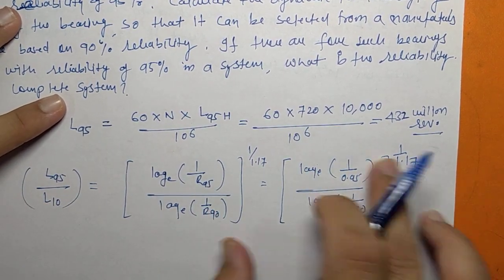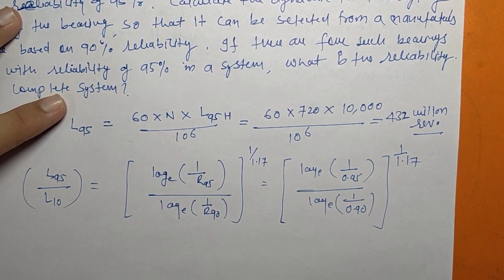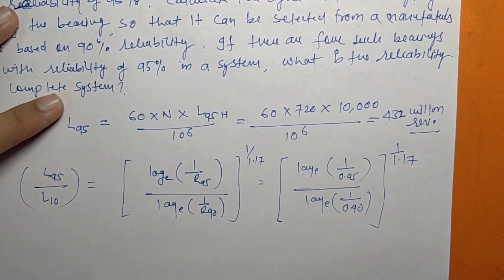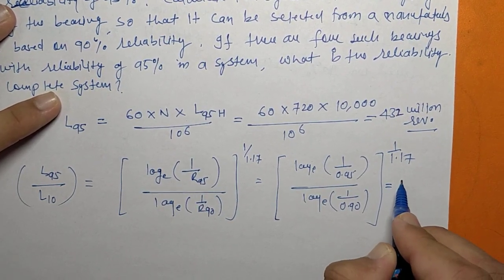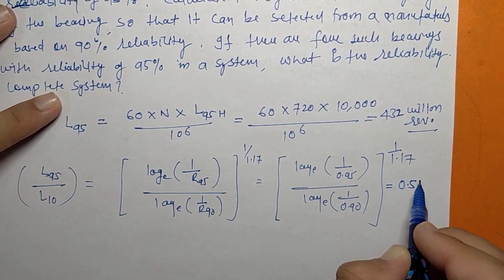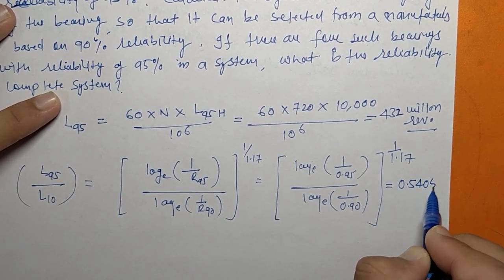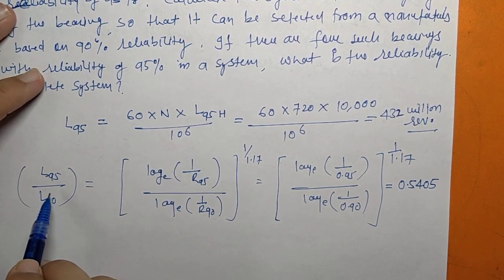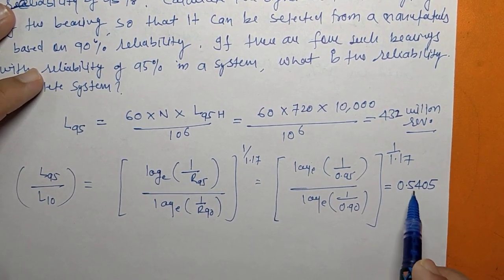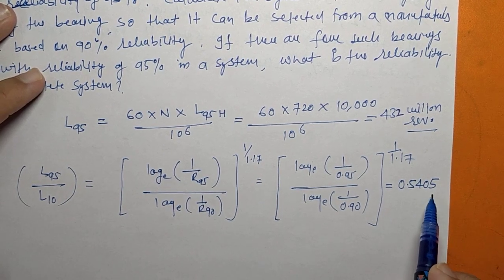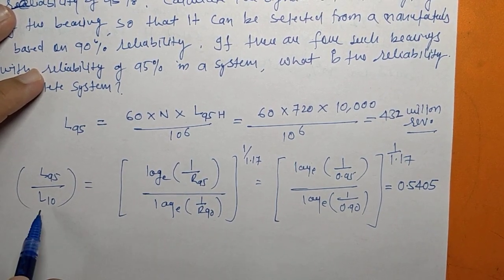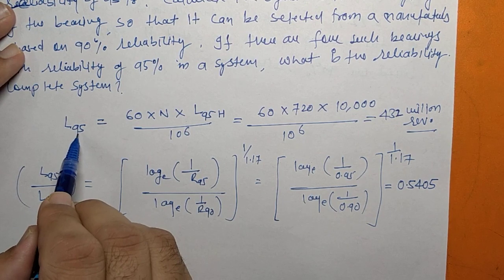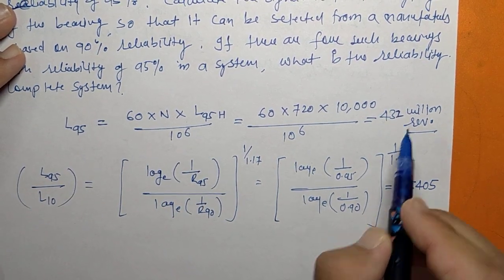If we solve this using the calculator, we get the value 0.5405. So the ratio of L95 to L10 life is 0.5405. By using this, we can calculate the L10 life because L95 life is already known to us.